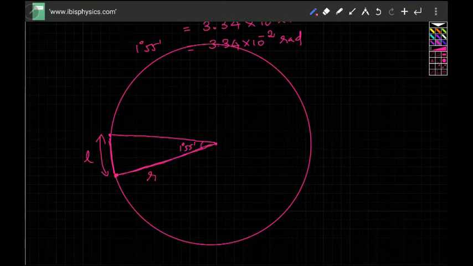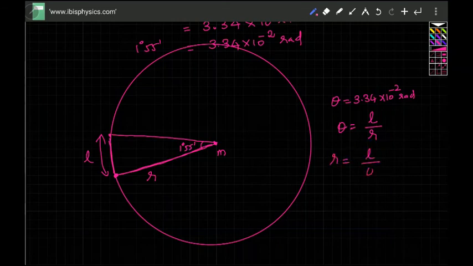The radius of this circle is the distance of the moon from this point. So theta, which is 1 degree 55 minutes, equal to 3.34 into 10 power minus 2 radians, equals arc length by radius. The radius is the distance of the moon, hence the distance of the moon equals arc length by theta. The arc length is the distance between the points, which equals the diameter of the earth.